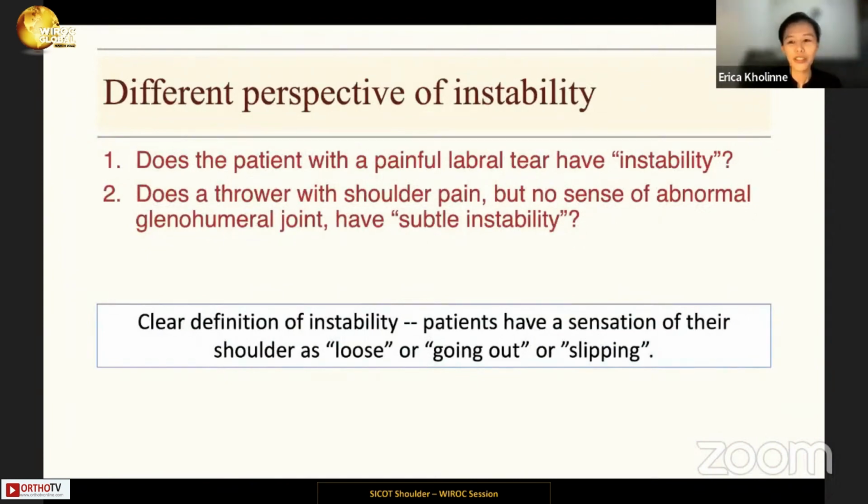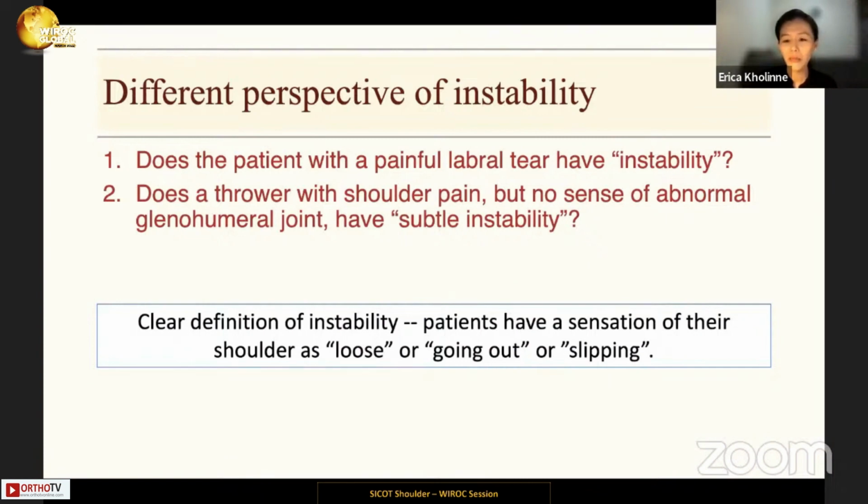When we look at a patient who's suspected to have a shoulder instability, pain as a symptom may always confuse me, at least in how to make a diagnosis. For example, I ask myself, does the patient with a painful labral tear have instability? And does this thrower with shoulder pain, but no sense of abnormal glenohumeral joint, have a subtle instability?